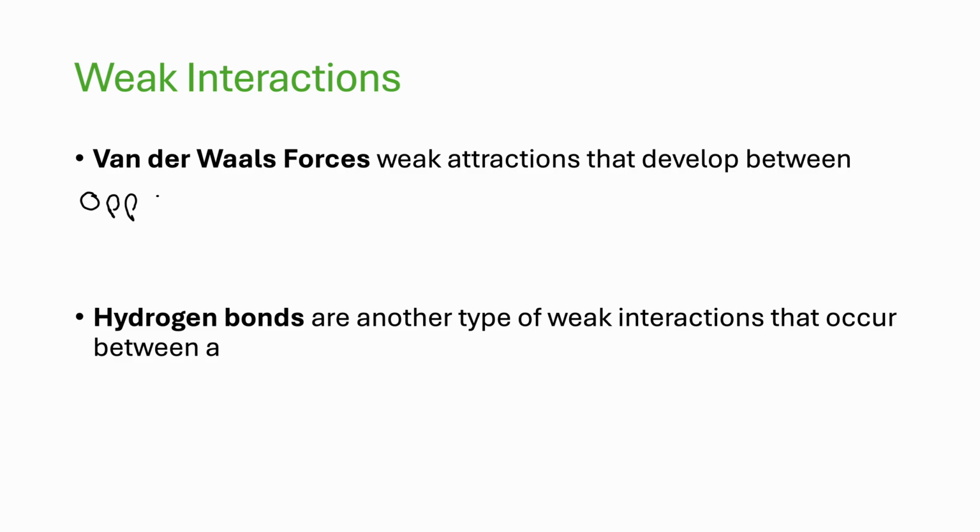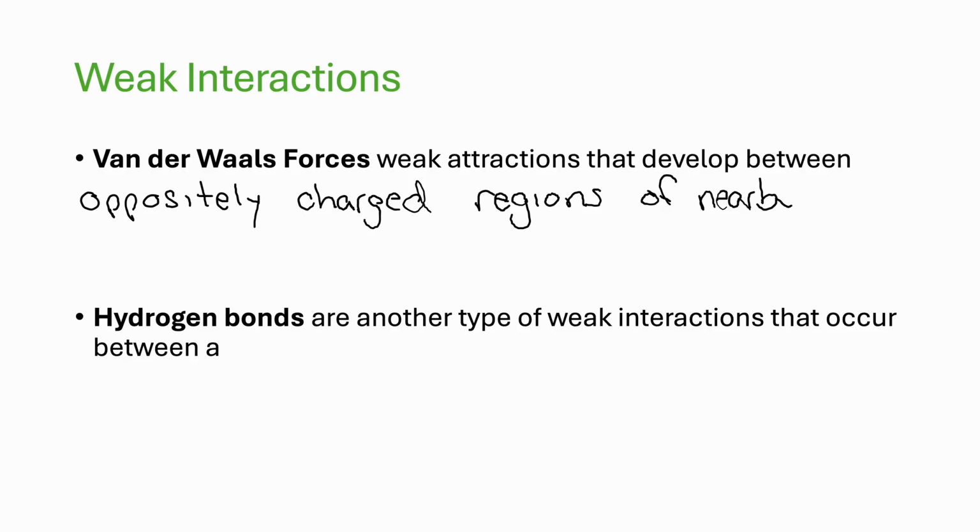So, for example, water has these weak bonds. But also, when you think about how spiders and geckos climb up the wall, they have all these weak interactions with nearby molecules that accumulate to let them stick to things. So hydrogen bonds are a type of weak interaction as well.